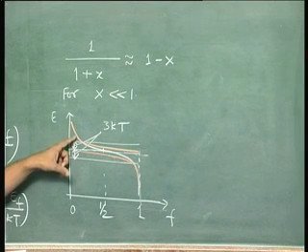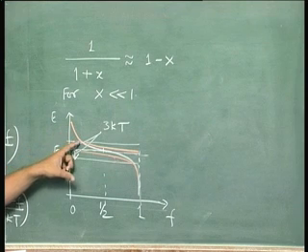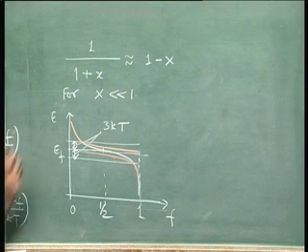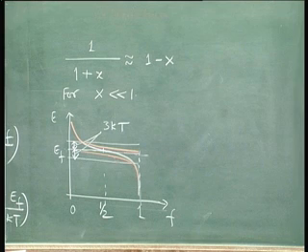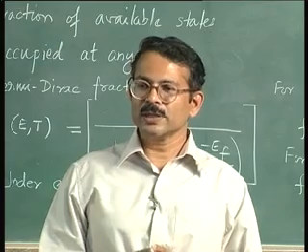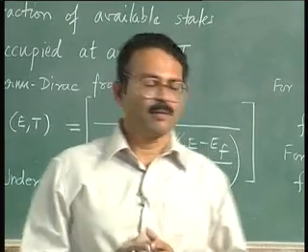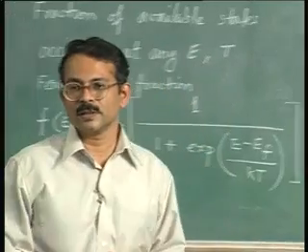So the Fermi-Dirac function and Boltzmann function will be almost the same. It turns out that most of the time, when we use the Fermi-Dirac function, we use it in the range where the Boltzmann approximation is valid.